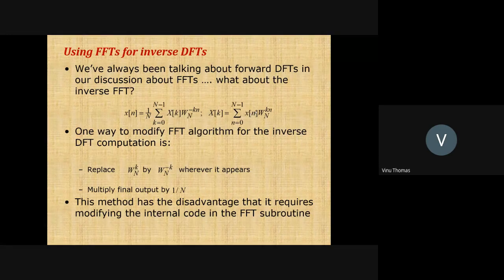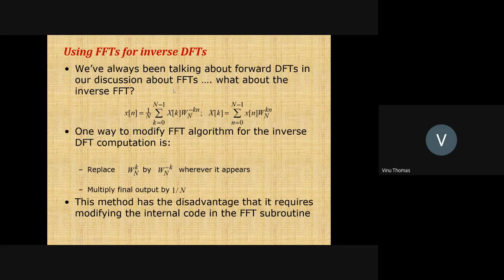For radix 4, you have addition, subtraction, and swapping of the real and imaginary parts. So there are radix 4 algorithms as well. We will discuss radix 4 algorithms only if we get time, because that is not included in your syllabus per se. Maybe you will need that to do some experiments in the DSP lab. Let us see how time goes.